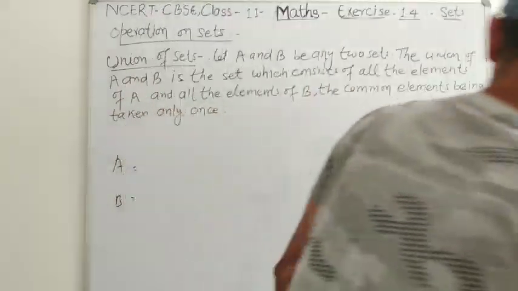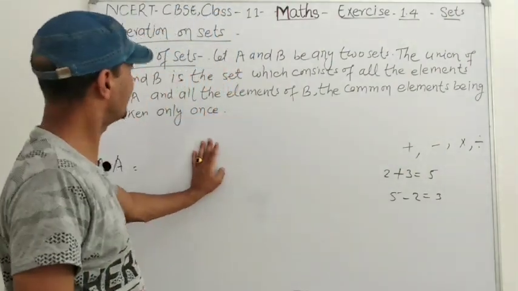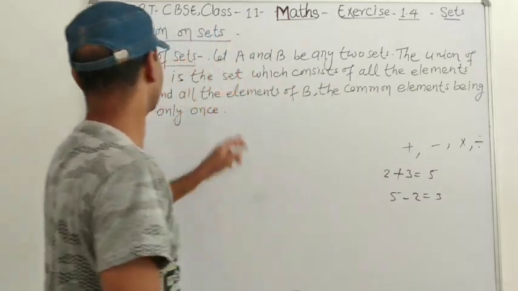What is the meaning of this? All the elements of A must be written, and all the elements of B, but elements will not be repeated. Common elements are taken only once.